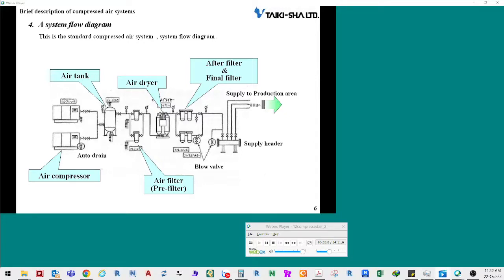The after filter collects dust discharged from the dryer. The final filter is installed to secure the cleanliness of the compressed air required at the point of use. To enhance the reliability of manufacturing systems, however, it is important to know that the point of use is the equipment directly connected to such systems.